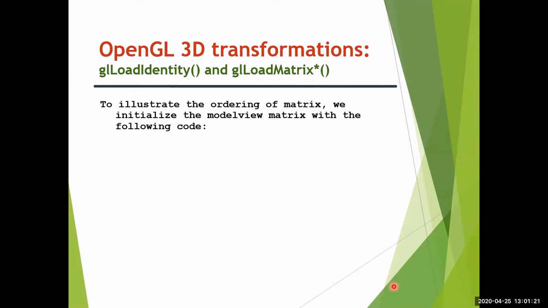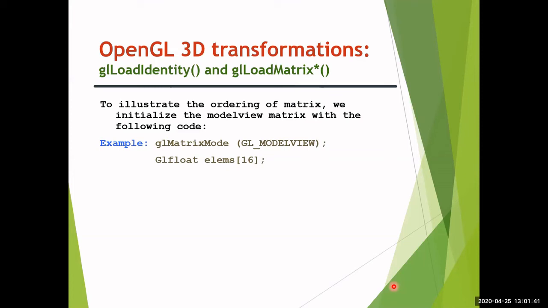Let us see how it works. To illustrate the ordering of the matrix, we initialize the model view matrix with the following code. Example, I'm calling a model view matrix currently, GLfloat.